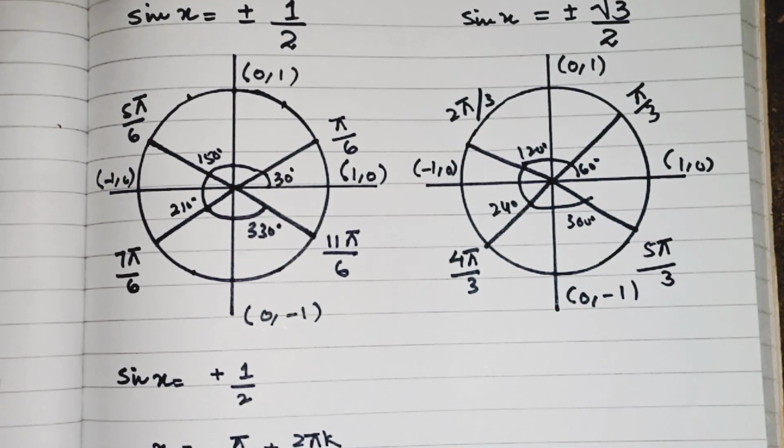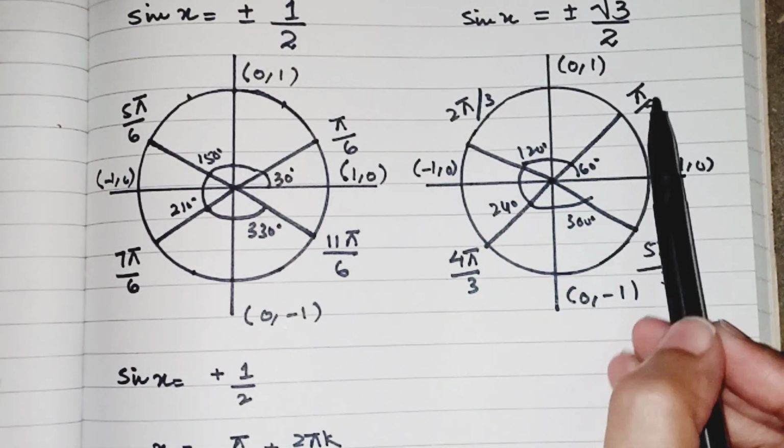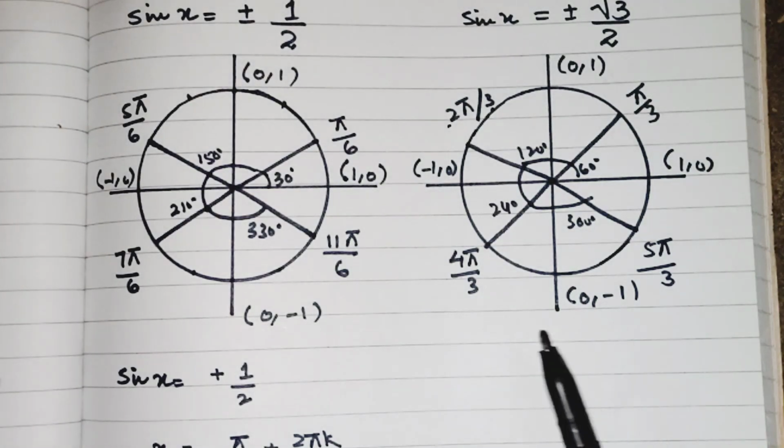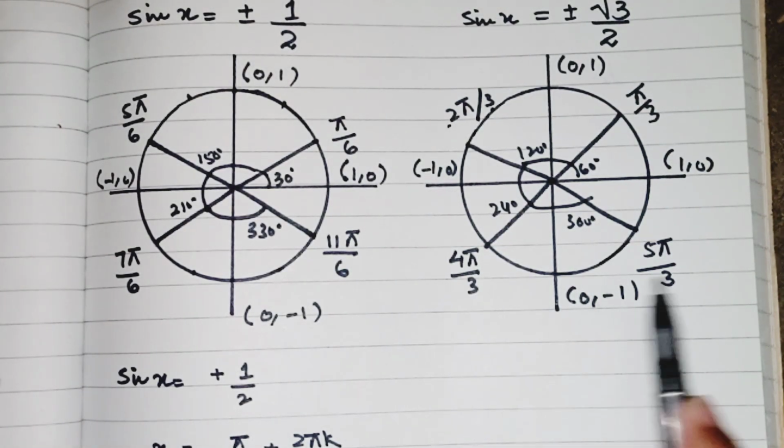So we have the values for the positives, pi upon 3 and 2 pi upon 3, and for the negatives, 4 pi upon 3 and 5 pi upon 3.